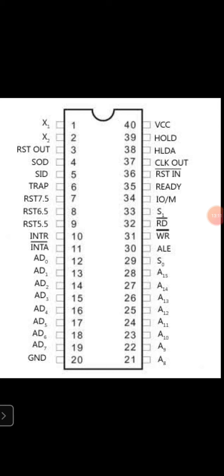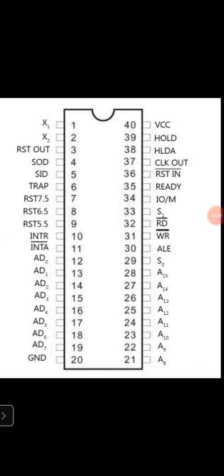And clock cycle is the time, but clock speed is different from the clock cycle. The clock speed of the microprocessor is 3 megahertz. In the microprocessor, crystal 1 and crystal 2, X1 and X2, maintain the clock speed of the microprocessor at 3 megahertz.